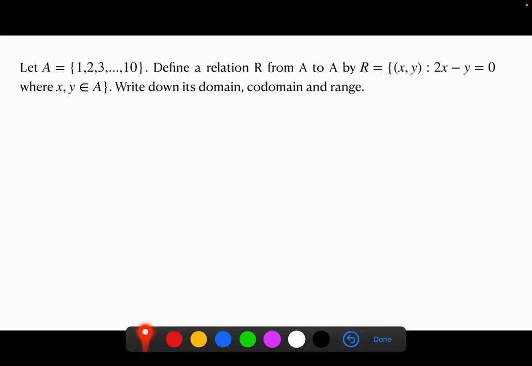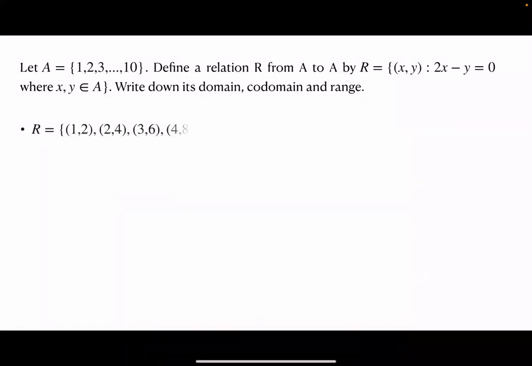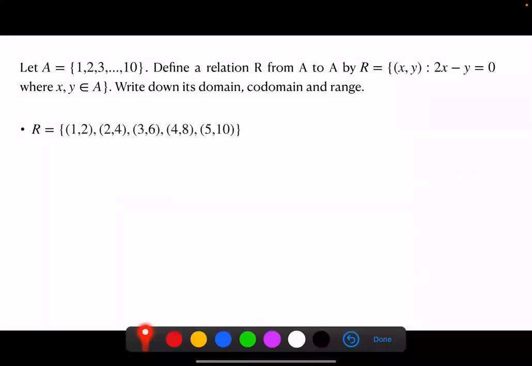And then let's look at this again. R is the relation. So if you take element 1, if x is 1, because we are trying to do y equal to 2x here, y will become 2.